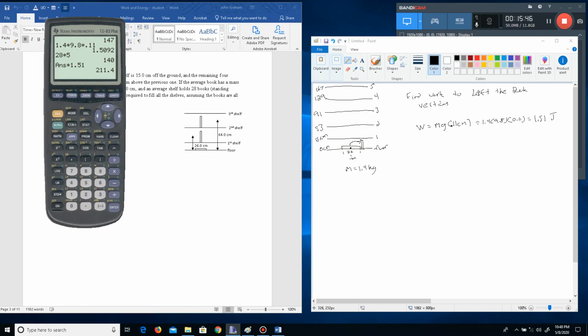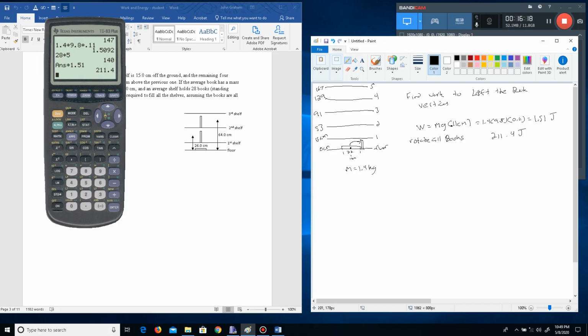And so to rotate all books, we are looking at 211.4 joules. And that's the 1.5 times how many books we have. Okay, now that's just to flip them. And we're not flipping every one laying them on, having them stand on the ground like that. I mean, it's going to happen over time, but still, that's just to flip it.